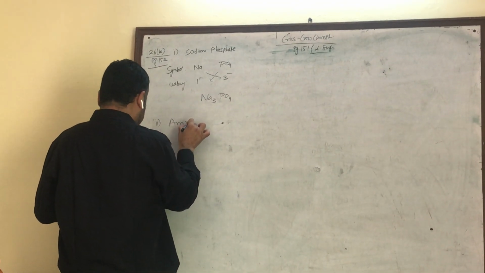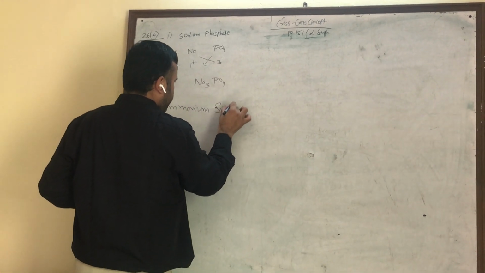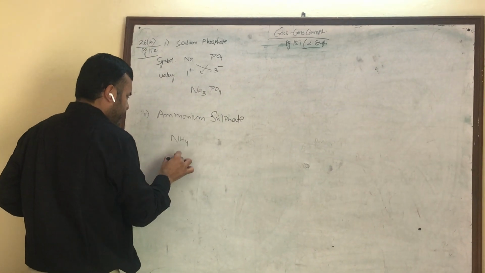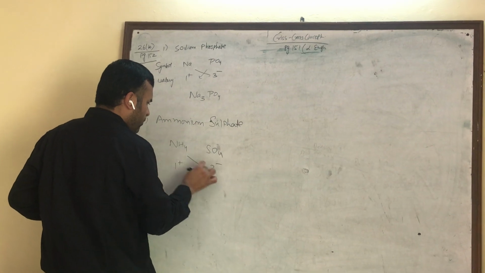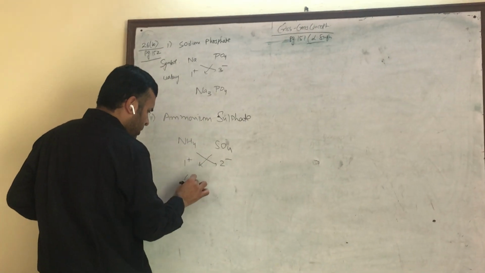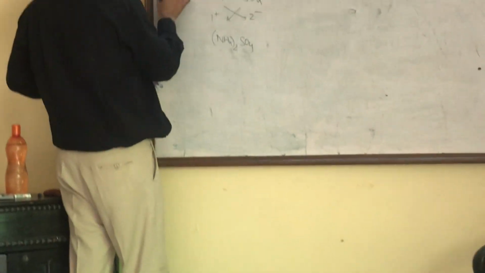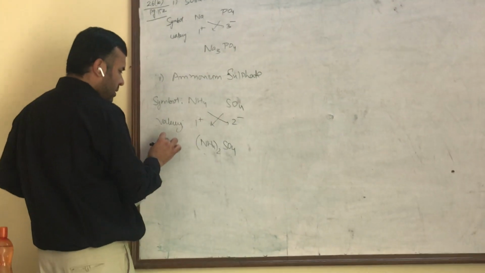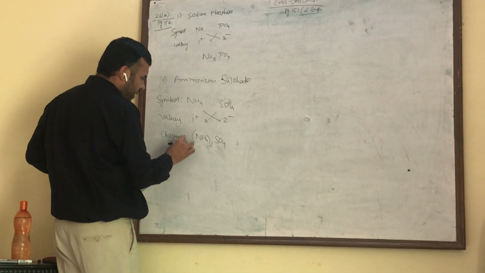Second is ammonium sulfate. The symbol of ammonium is NH4, valency is 1 plus. Sulfate, it's SO4 with valency 2 minus. Crisscross. Now you know the pattern, I need not tell you. Here symbol will come, here valency, and here chemical formula will come, right?